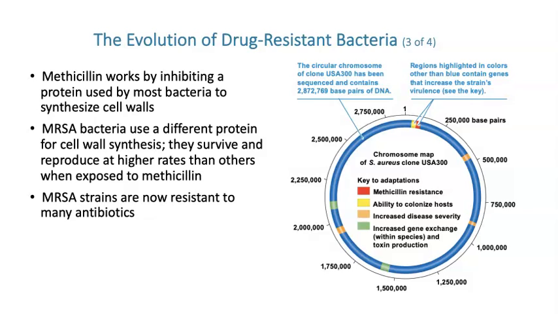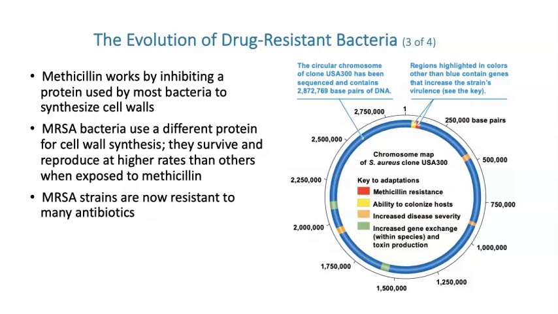However, MRSA bacteria use a different protein for cell wall synthesis, a different enzyme. So they have been able to survive and reproduce at higher rates when they've been exposed to methicillin. So the methicillin-resistant ones had this alternative pathway to make cell walls.